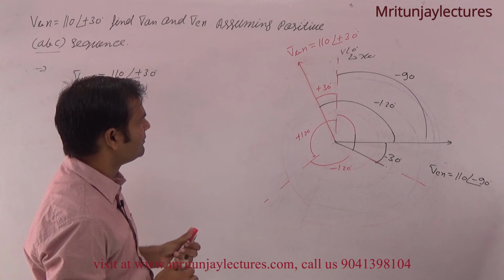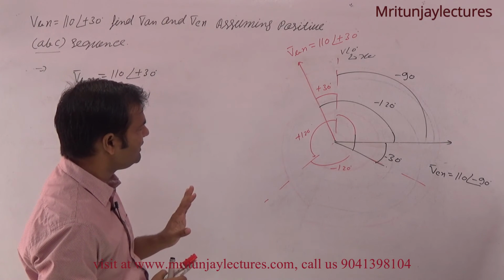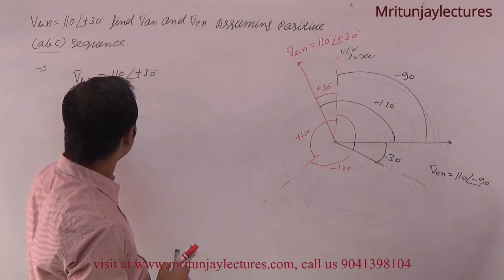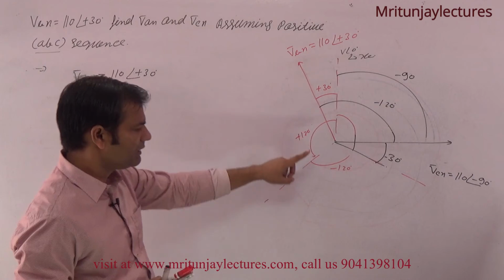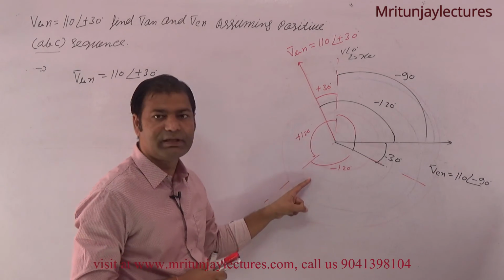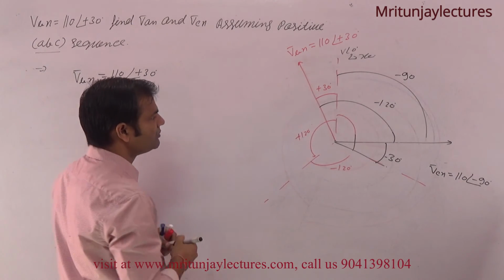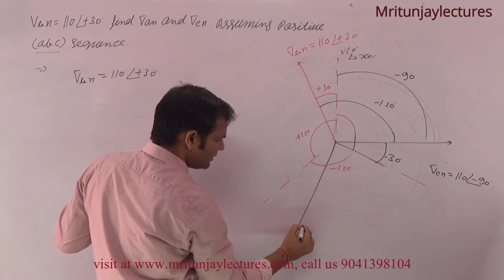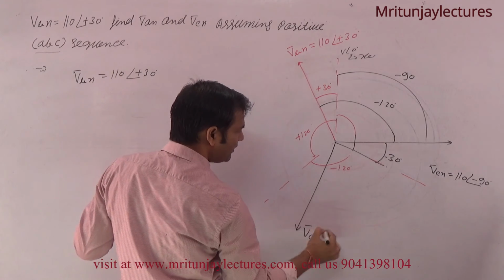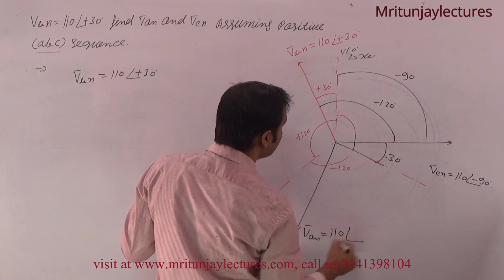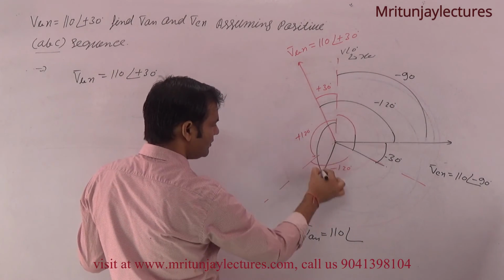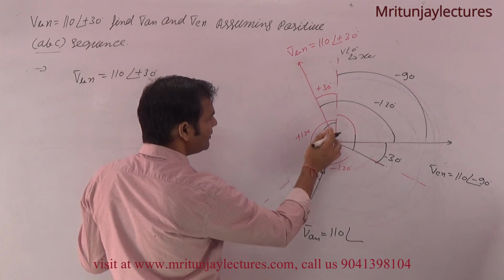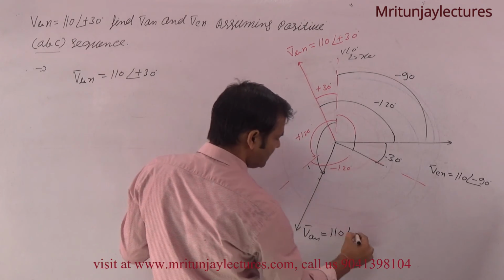Okay. Now what about VAN? AN leads BN by how much angle? 90 degrees. So VAN is 110 at the angle 30 plus 120, that is 150.